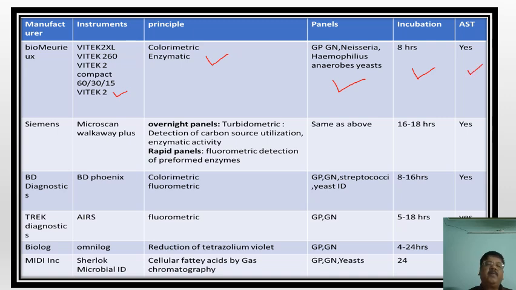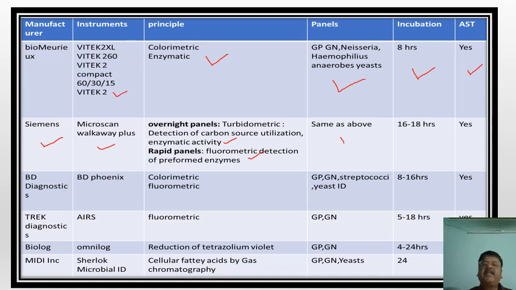Then another product is by the manufacturer Siemens. This is the MicroScan WalkAway plus. Overnight panels are there, and rapid panels are also there. The overnight panels use turbidometric detection of carbon source utilization and enzymatic activity. Then the rapid panels use fluorometric detection, where preformed enzymes are used.